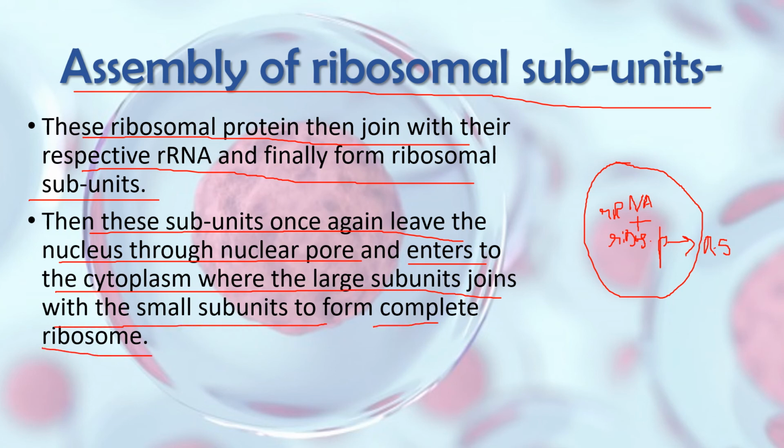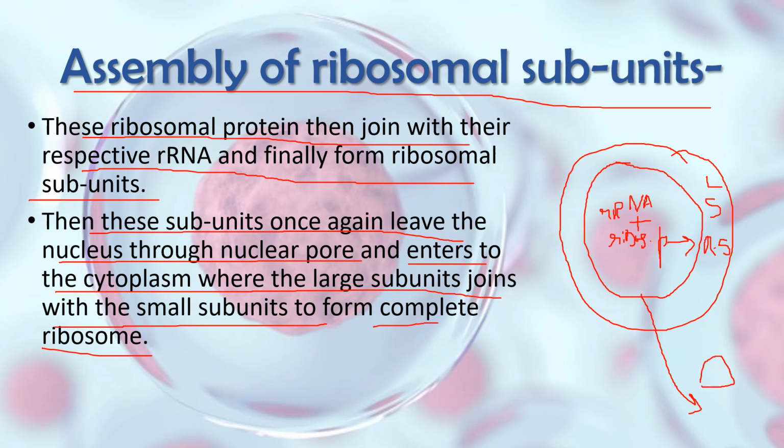So here the ribosomal subunits are formed, some large and some small. But here the large subunit is not going to assemble with the small subunit. For this, they have to go to the cytoplasm. There the small subunit assembles with the large subunit.